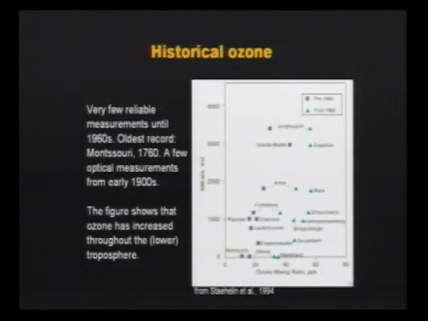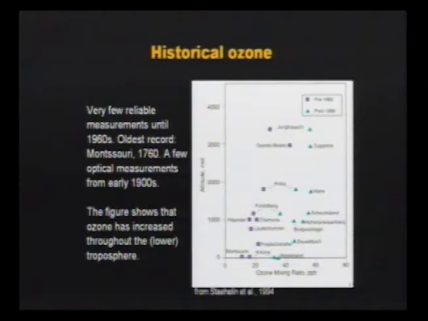Now, as we look at the trends, first we can go back to the past, the historical ozone change, and we have some observations to guide us. How accurate these early observations are is, of course, a big question mark, but these are observations here in Europe, at different altitudes, mostly in the Alps, in the mountains, Jungfraujoch here being the highest point.